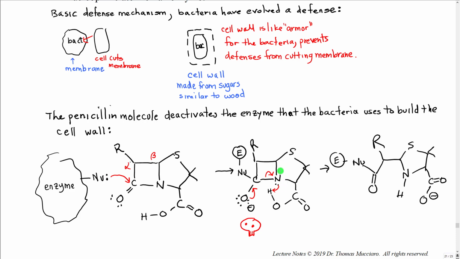The other thing we know is that we can make nitrogens like this better leaving groups by protonating them. And it turns out in this molecule, what we have is a carboxylic acid positioned so that the hydrogen on the carboxylic acid hydroxyl can fold around and be in a position to react directly with the nitrogen of the lactam.